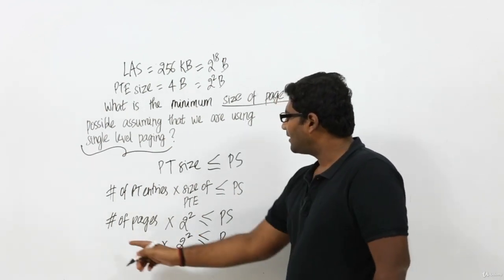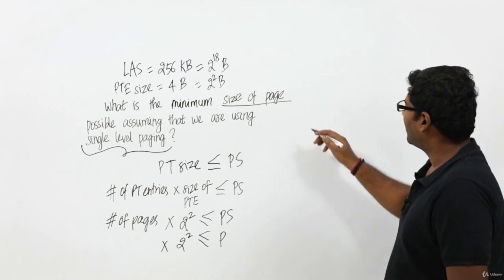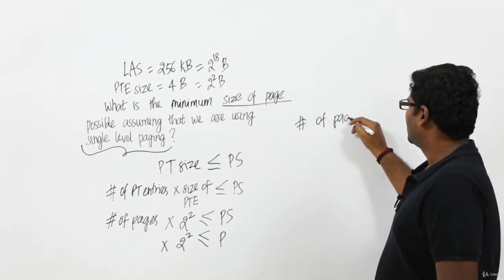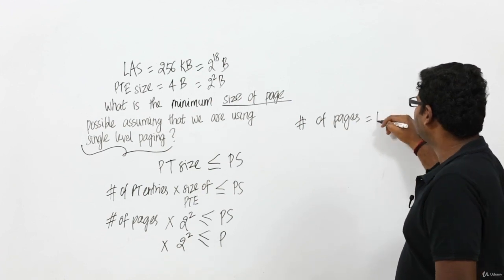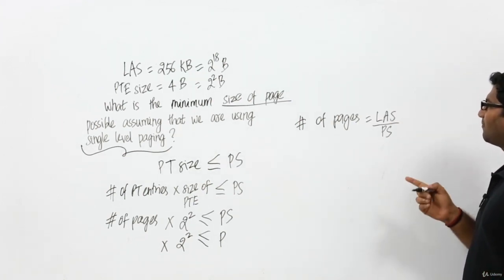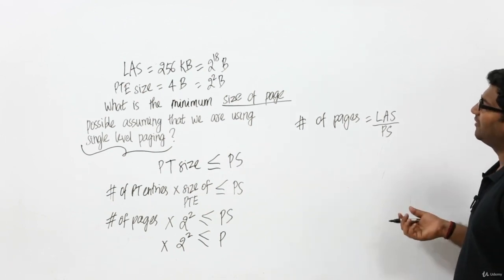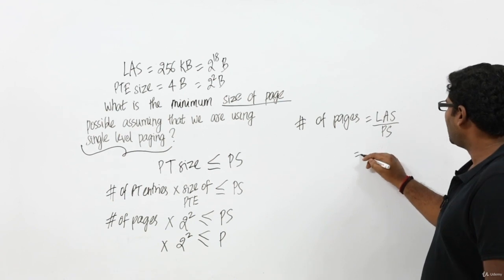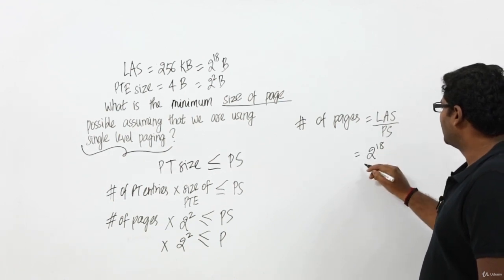Now what is the number of pages? Number of pages is nothing but logical address space divided by page size. They have given logical address space, which is 2 power 18.